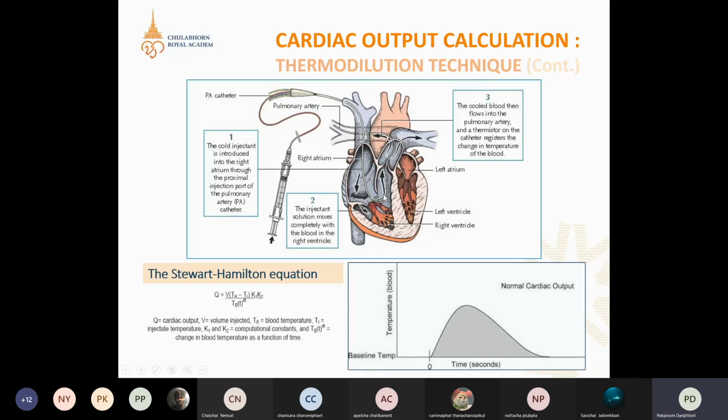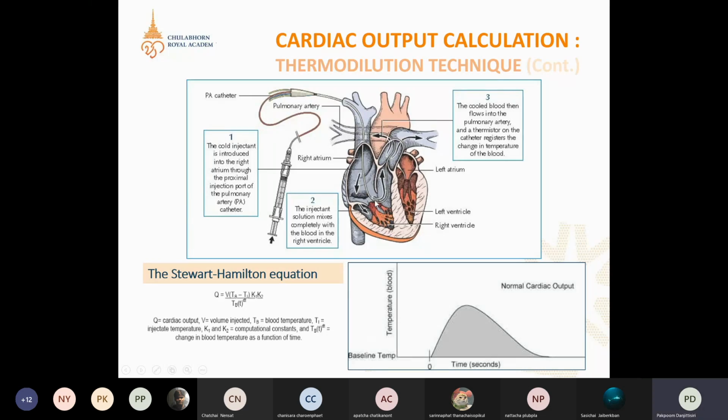I'm sorry, I'm wrong. Okay, again, the proximal port will be placed in the right ventricle, and the distal port will be in the pulmonary artery over here.